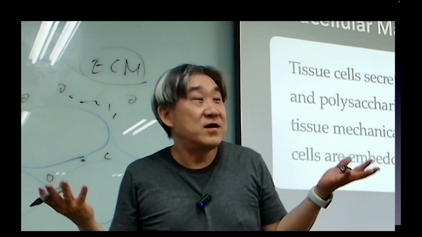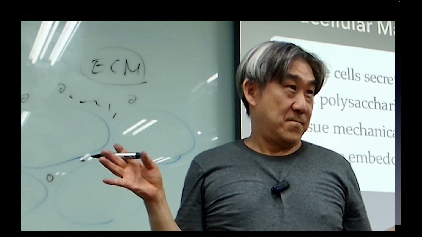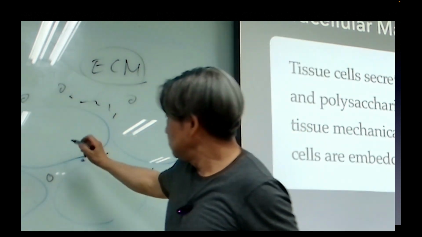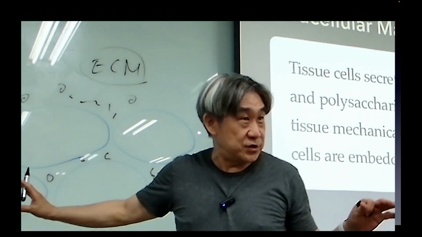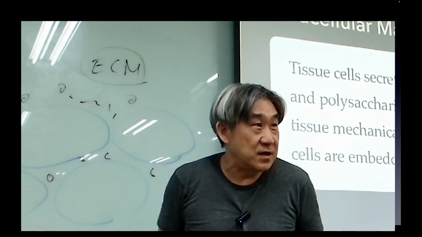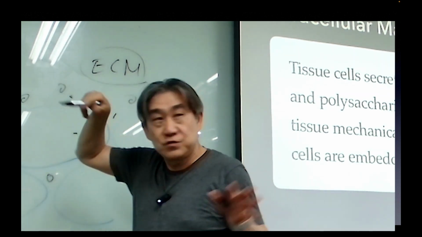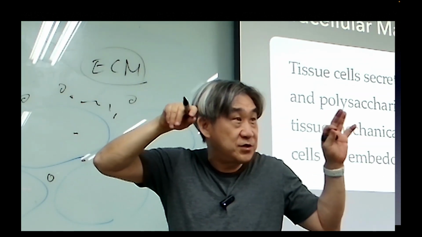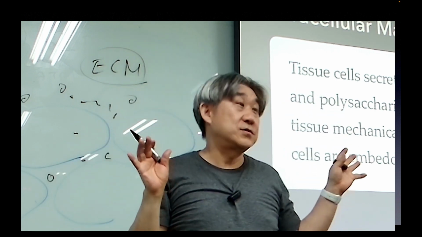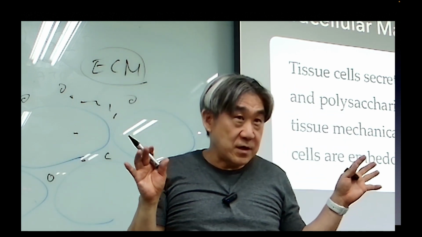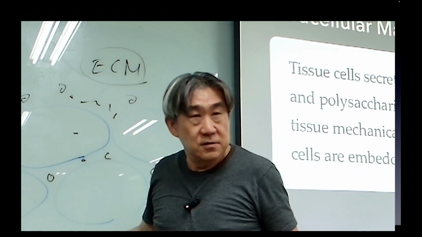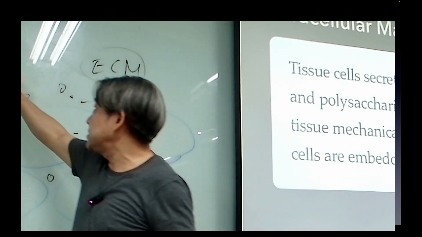And where did they come from? They were originally made inside of the cell and shipped out of the cell through the procedure of what? Exocytosis. So these are the result of secretion.